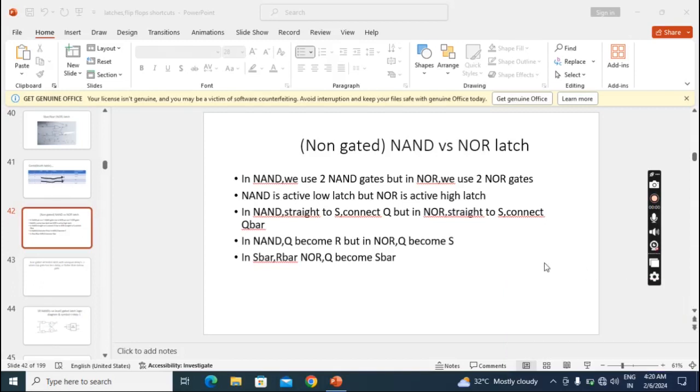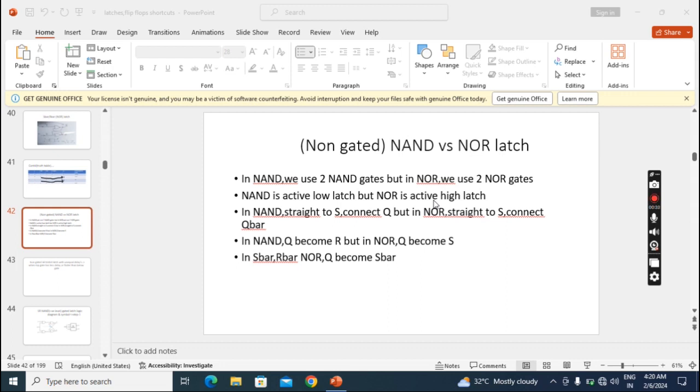In this lecture we'll compare non-gated NAND and non-gated NOR latches. If we take a NAND, it needs two input NAND gates, and a NOR also needs two input NOR gates. Okay, the number of gates and number of inputs are the same, but in NAND we use NAND gates, and in NOR we use NOR gates. We call NAND an active low latch, but NOR an active high latch.